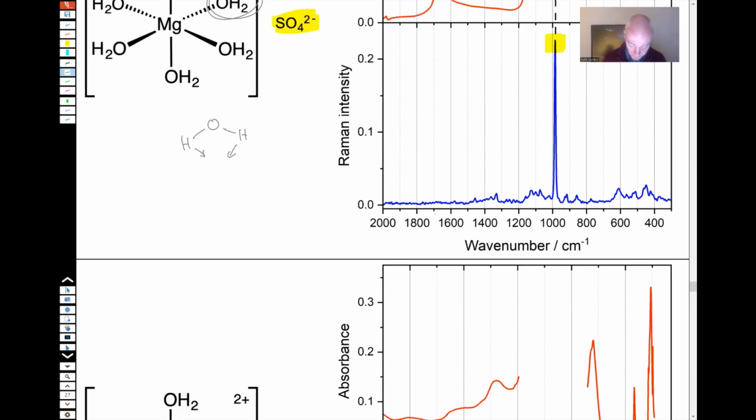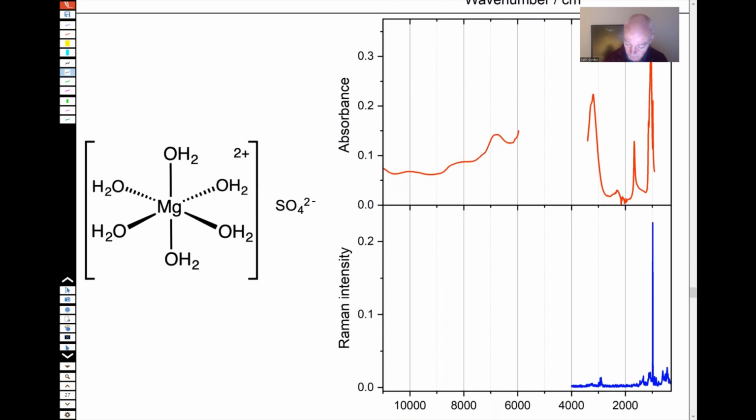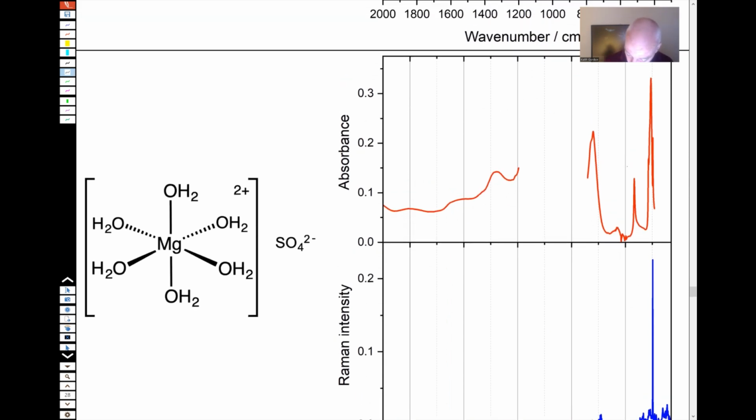So if we look a little bit further along, we look at this spectrum here. Let me just take it to there. So we've got our bending mode there, and we've got our two stretching modes here. The asymmetric stretch at higher frequency and the symmetric stretch at lower frequency. So that's what you've got in there. And then, of course, you have the overtones of that. So those are the overtones.